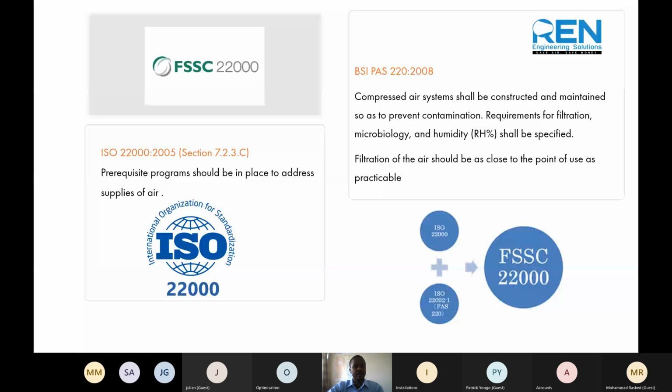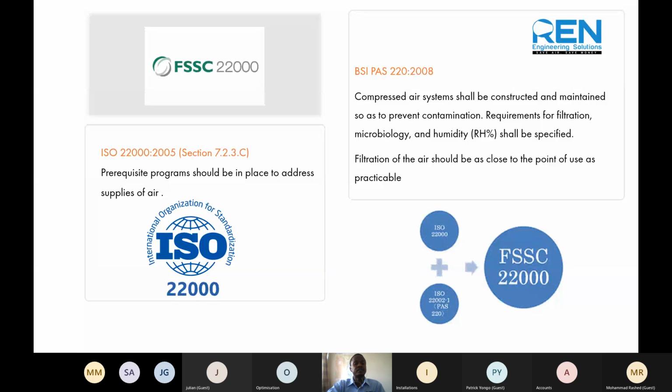In the BSI PAS 220, it is stated that compressed air systems shall be constructed and maintained so as to prevent contamination. Requirements for filtration, microbiology, and humidity shall be specified. Filtration of the air should be as close to the point of use as is practicable.